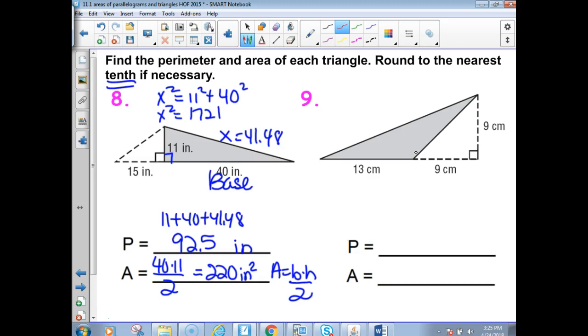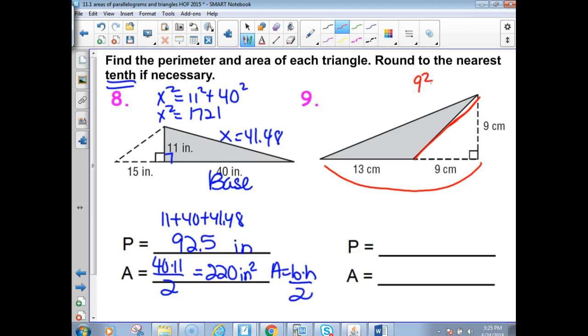Okay, to get the, oh, this is going to be tons of fun. We've got to do Pythagorean theorem twice. I'll find this first if you want. Actually, I could do it by special right triangles, but it'd be 9 root 2. I don't think you probably want to do that.